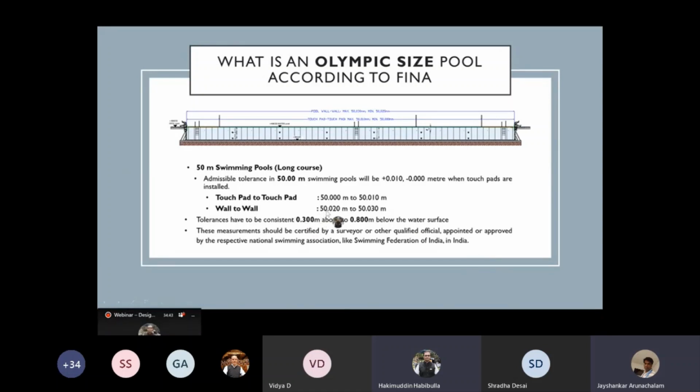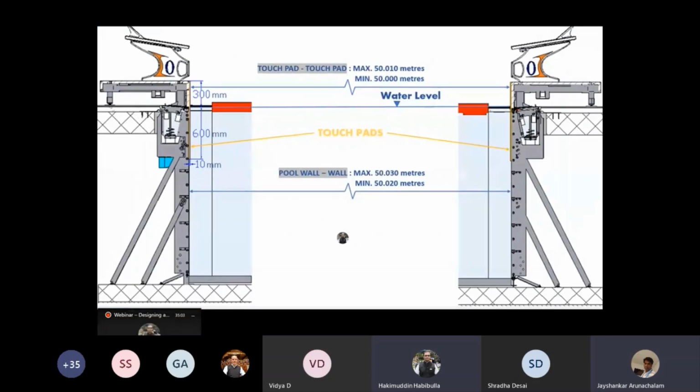Then your wall-to-wall tolerance should be 50.020 to 50.030, measured 0.3 meters above the water surface, and it has to be consistent up to 0.8 meters below the water surface. Like the previous slide indicated, the touch panels run from 0.3 above the water surface up to 600 mm below the water surface, to ensure that the touch panels are well positioned and to give everyone a fair opportunity to compete.